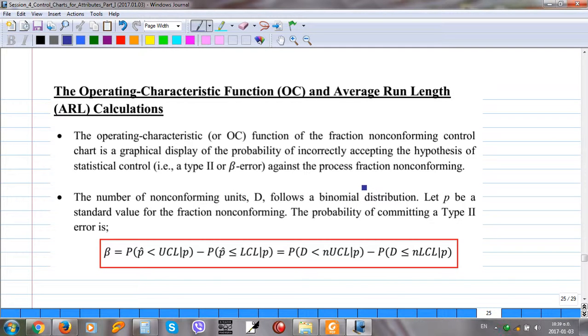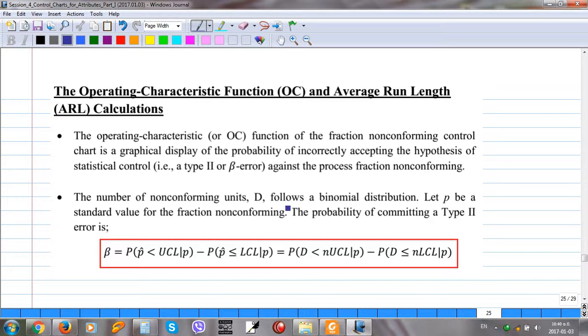So if you are using the probabilities, you have to use the binomial distribution, or sometimes, according to the theories we learned in the introduction to probability theory, we can approximate this binomial distribution to the Poisson distribution. If you approximate with the Poisson distribution, you can use the Poisson values also. Otherwise you have to use the binomial values if you are finding the probabilities.